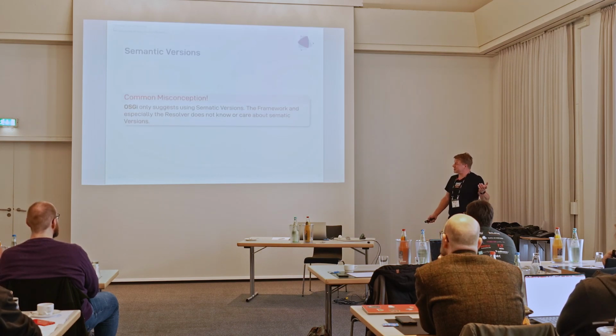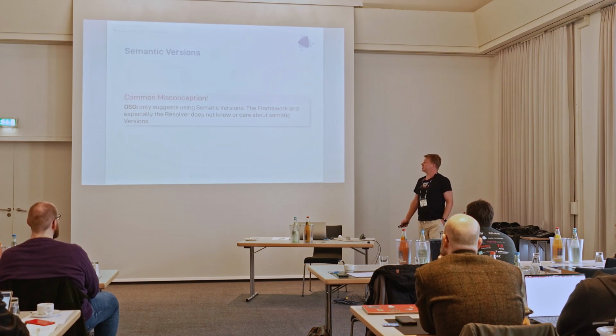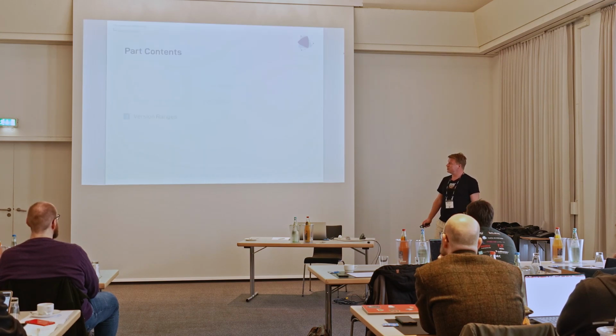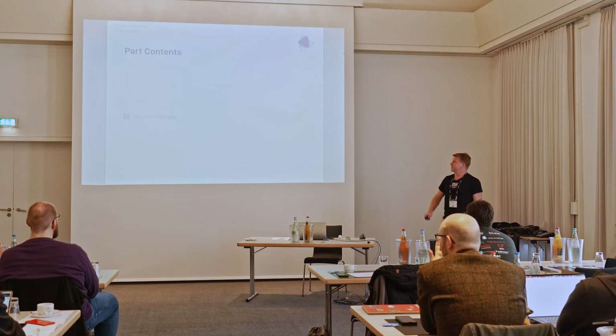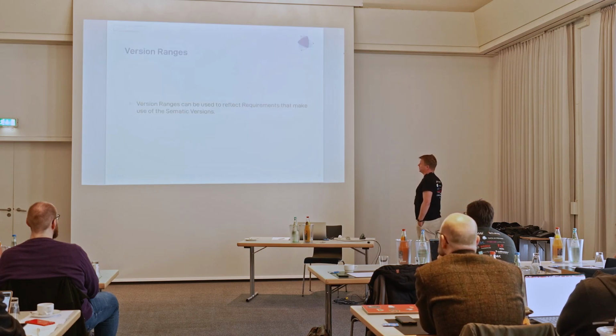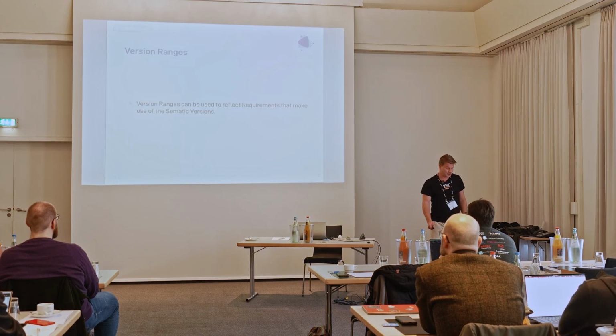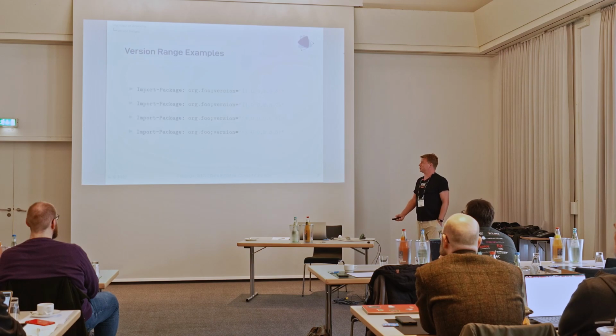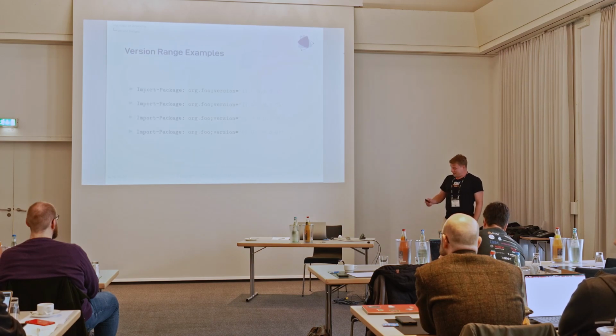So then the question arises, how should this be addressed? Version ranges are the idea of how you can reflect such requirements on semantic versioning, or even if somebody does not use semantic versioning, which is also quite often the case. Just as a few examples, you may have seen things like that.